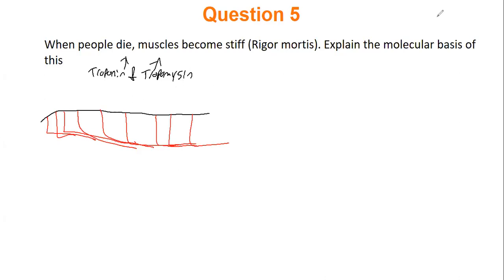Like everything I talk about, it's probably way more complicated than that, but that's generally what happens. Any questions about our muscles? How muscles are generally moving? If not, we will move.